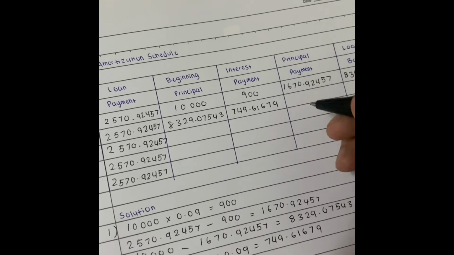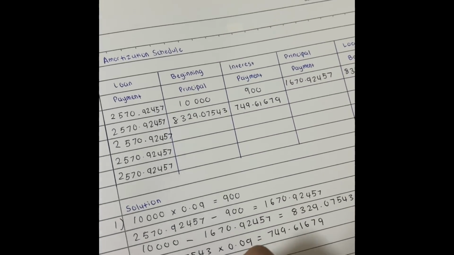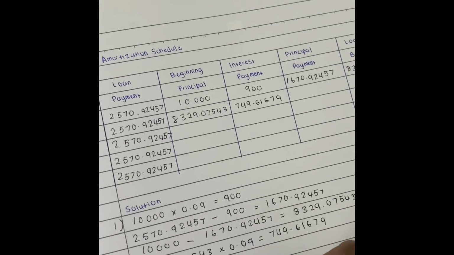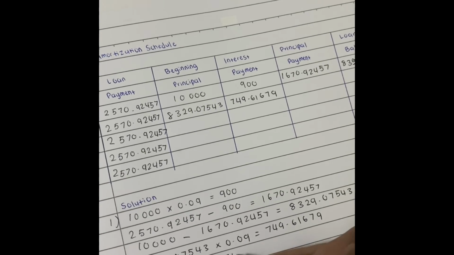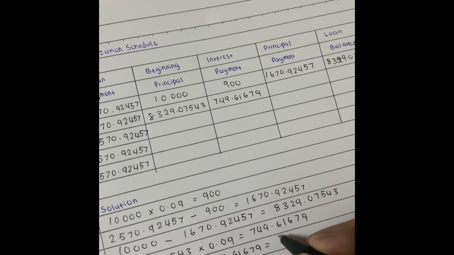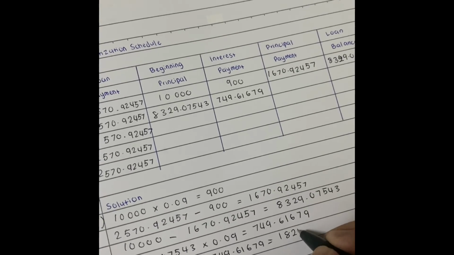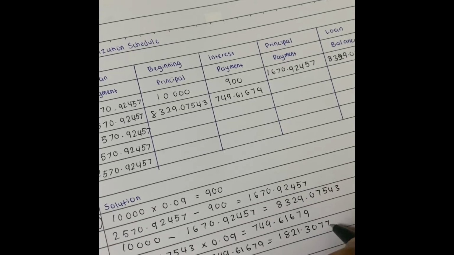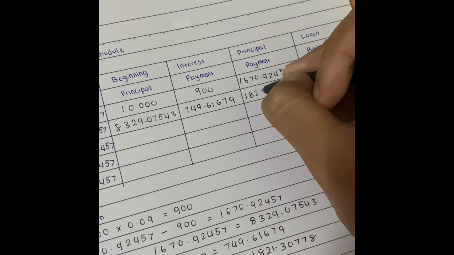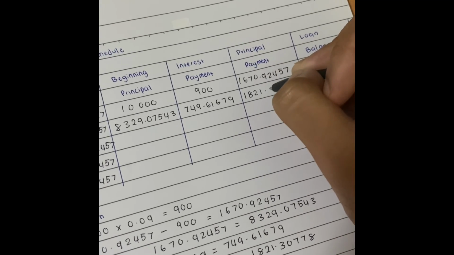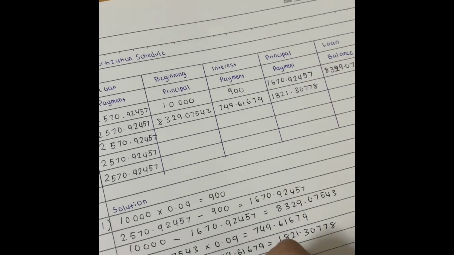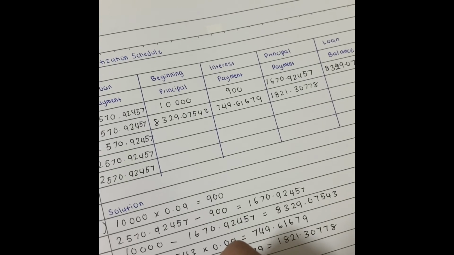For the principal payment, 2,570.92457 minus 749.61679, we will get 1,821.30778. So we will fill in the principal payment as 1,821.30778.